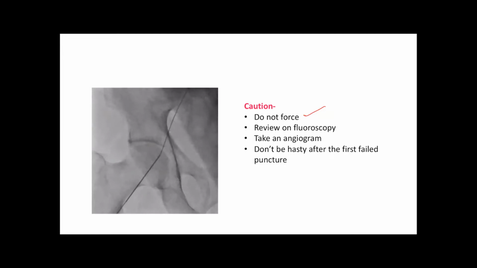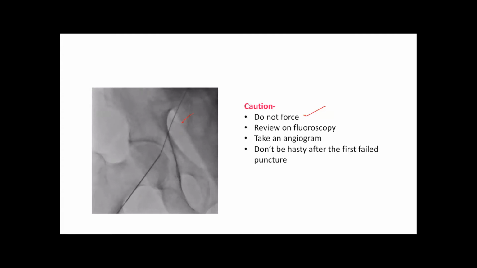Another problem that happens is that you have got a good puncture, good flow, you put in a wire inside, and now your sheath is not going inside. So it could be the local tissue around, or maybe you have punctured very high. Maybe the sheath is being constricted by the fibrous tissue of the inguinal ligament.